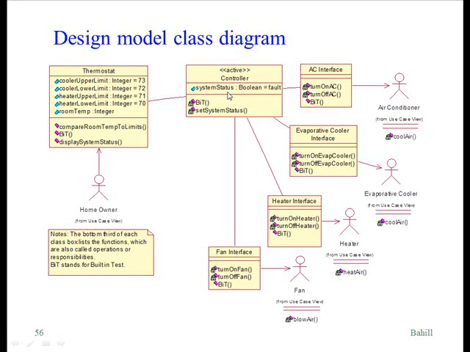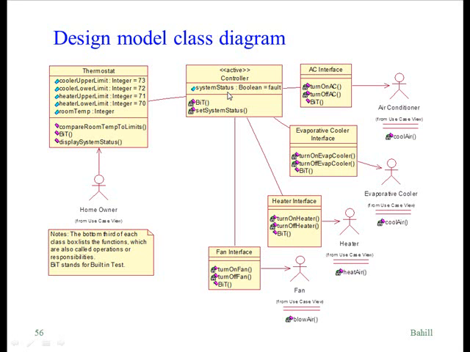Okay? So that's the cool thing about this system design process, where we actually use object-oriented analysis and UML. It allows us to come up with a design model, and we can actually take this information and build the software.